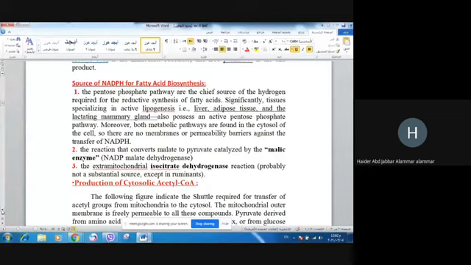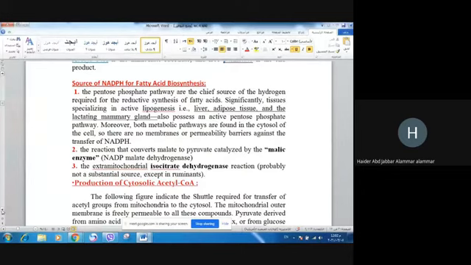So the pentose phosphate pathway is the major source of NADPH. There is no barrier between these two processes, as both of them occur in the cytoplasm. So the NADPH comes from the pentose phosphate pathway to be involved in fatty acid biosynthesis. This is the first and major source of NADPH.